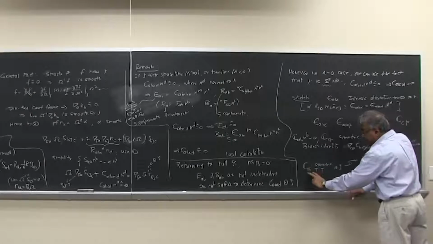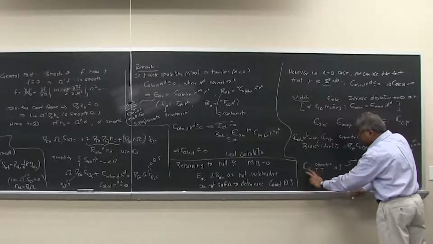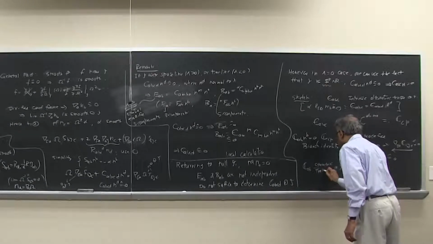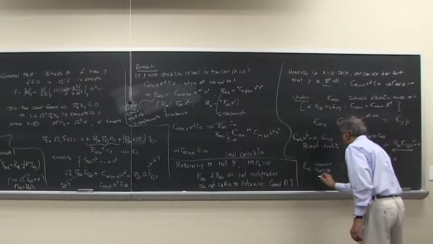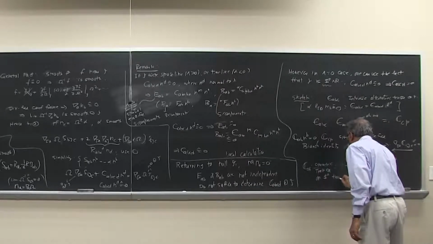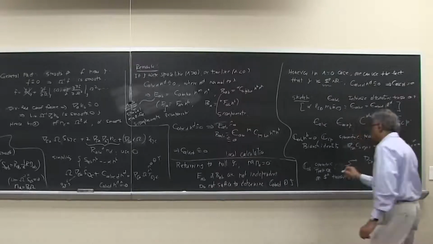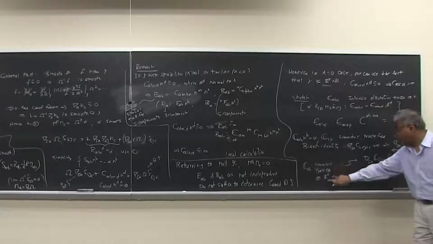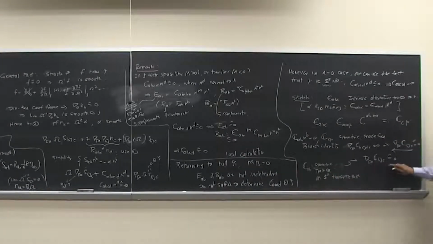So you can just think of this as being symmetric, trace-free on the two sphere. And if you have a tensor field which is symmetric, trace-free, transverse on a two sphere and satisfies this condition, then C equals 0.